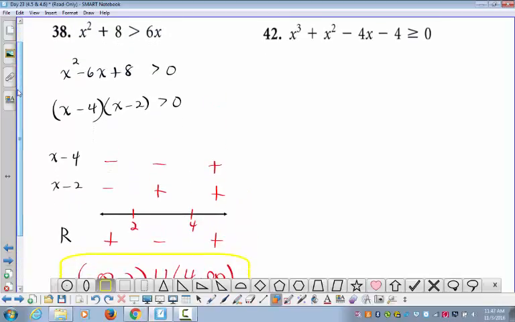All right. That one factors. Do one more of these, and then we're going to go to rational inequalities, where we have a rational function. Factor that by grouping, it should work.